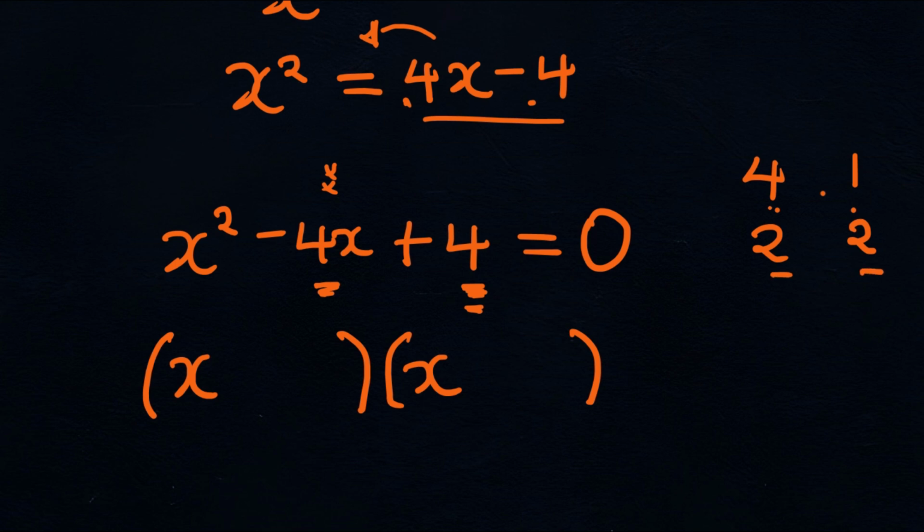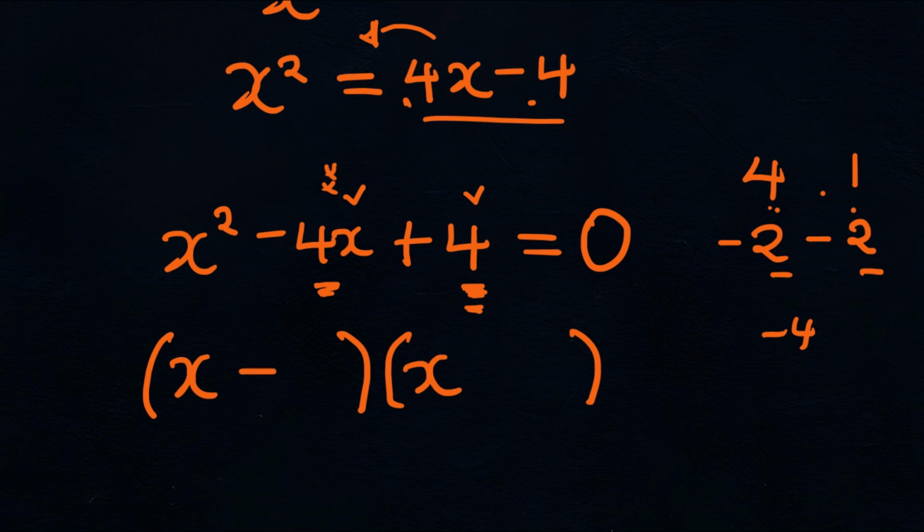So 2 plus 2 is going to give us 4, but a positive 4. So this has to be negative, this has to be negative. So negative 2 multiplied by negative 2 is going to give us positive 4. Negative 2 minus 2 is going to give us minus 4, which is this one.